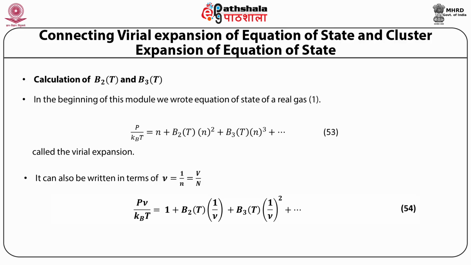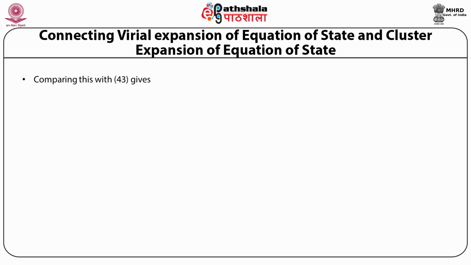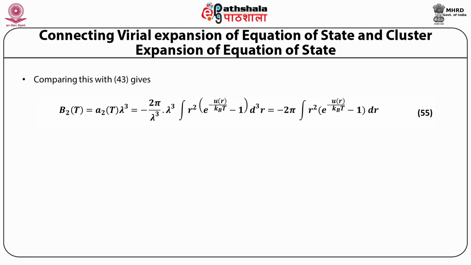Comparing 54 and 53 gives B2(T) is equal to A2(T) lambda cubed, which is equal to minus 2 pi upon lambda cubed into lambda cubed integral over r squared, e raised to power minus u(r) upon kBT minus 1, d cubed r, which is equal to minus 2 pi integral over r squared, e raised to power minus u(r) upon kBT minus 1, into dr. And B3(T) is equal to A3(T) lambda cubed raised to power 2, which is equal to minus 1 upon 3 integral over f12, f13, f23 d cubed r12 d cubed r13.